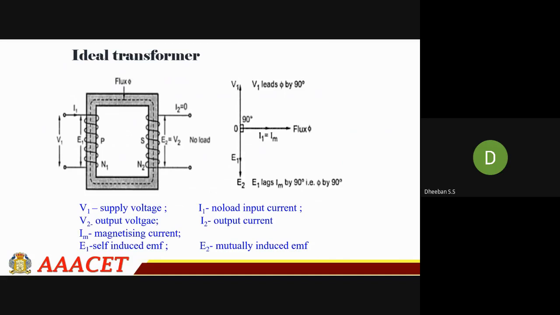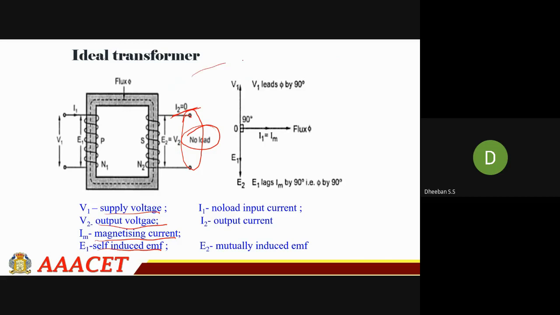Here you can see V1 the supply voltage, V2 the output voltage, and Im is your magnetizing current. E1 is a self-induced EMF. Now we are connecting it with no load. Because there's no load, this circuit will be open circuited. If it is open, there won't be any current flow, so your I2 value will be 0.